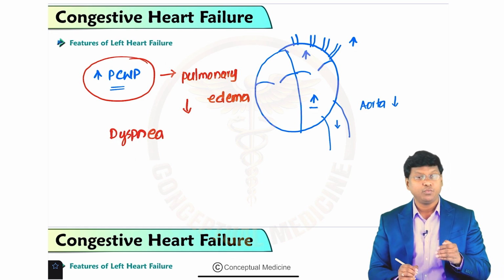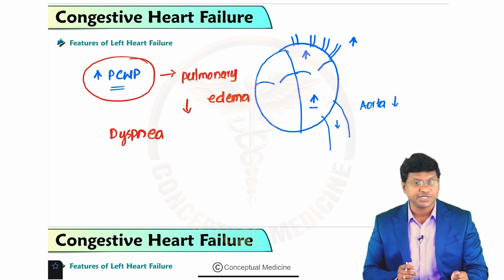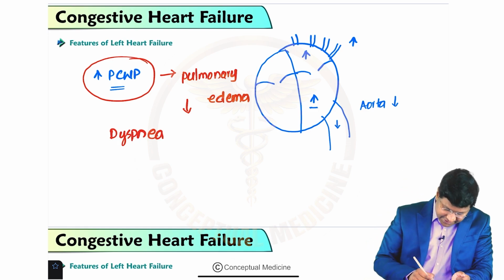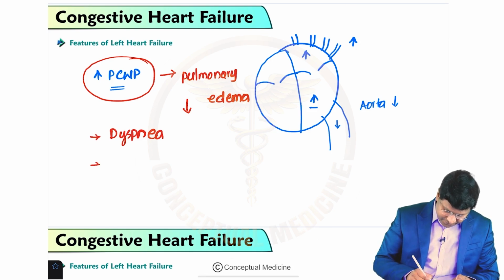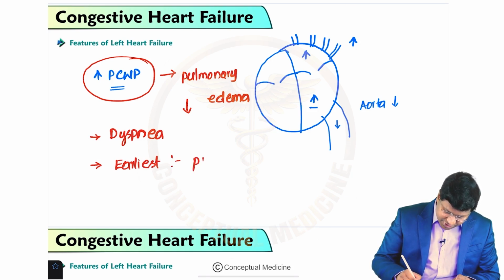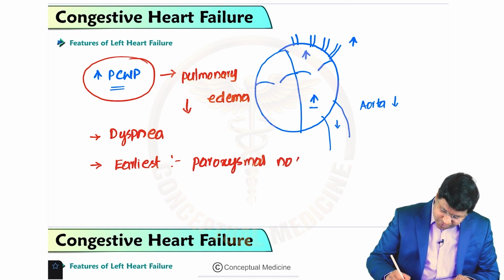But what will be the earliest manifestation in patients with left heart failure? The earliest manifestation will be the development of paroxysmal nocturnal dyspnea. What do you understand by this term, paroxysmal nocturnal dyspnea?